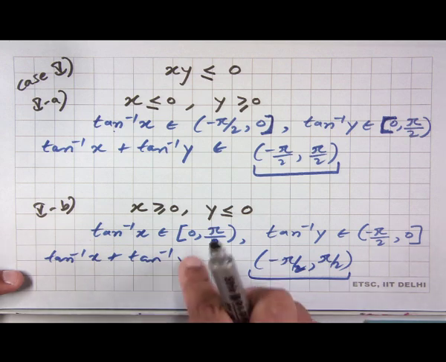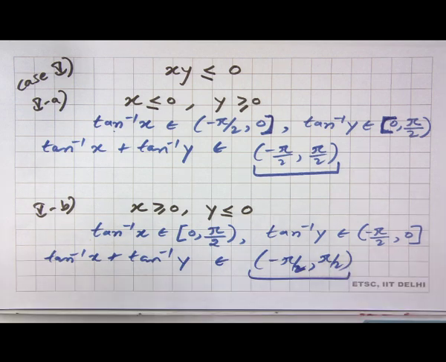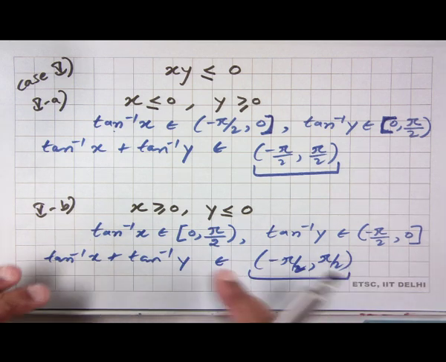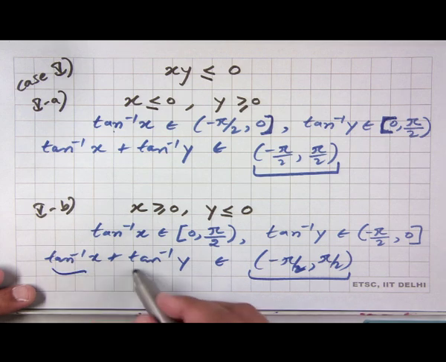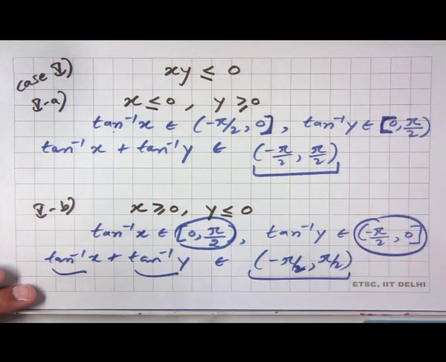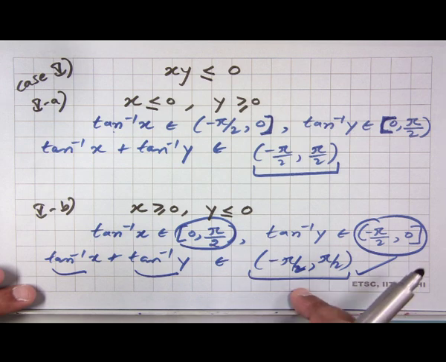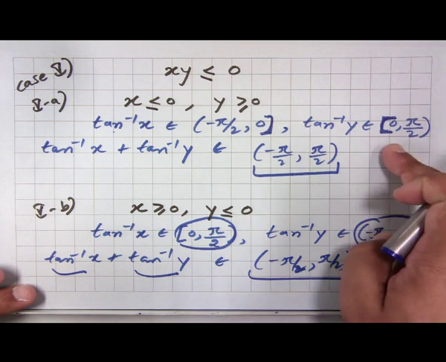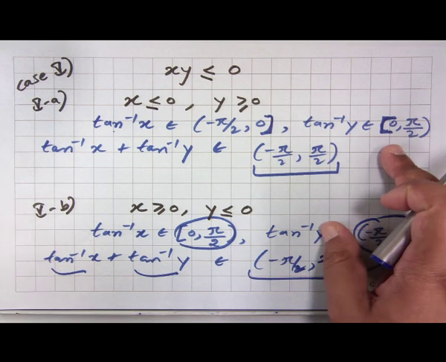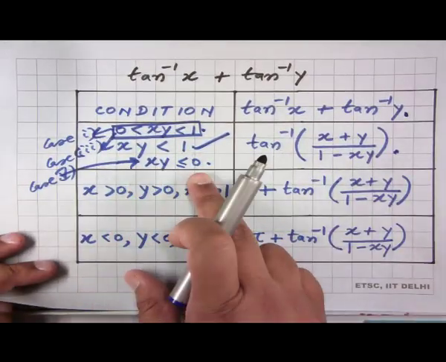That is because 0 to pi by 2 and minus pi by 2 to 0, when we add these two, we essentially have to take the union of this set with this set, and the union is precisely the range set of tan inverse. The same thing is happening in this case also. So essentially we have shown the first row here. So this was case 5.